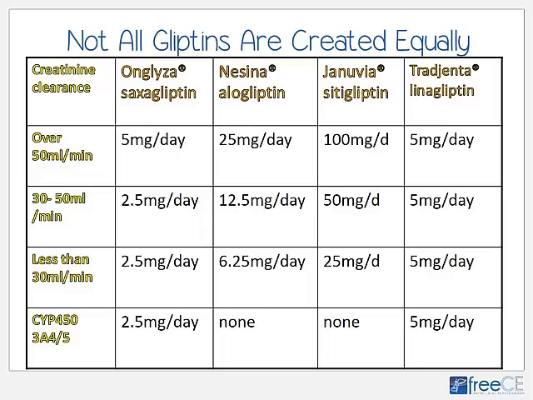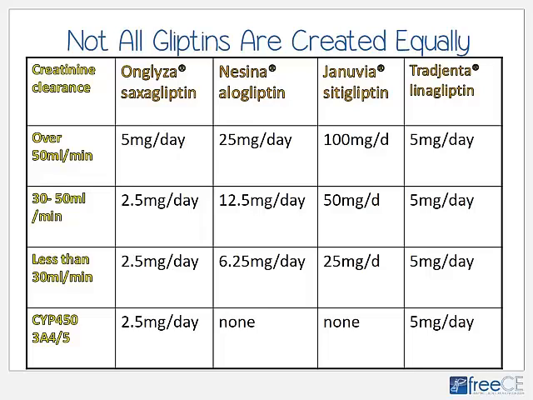I have the chart here on the left-hand side. We have the creatinine clearance listed, and then I have the four drugs listed across the top. And you can analyze this in your free time, but basically Tradjenta or linagliptin does not require any dosage modification regardless of the creatinine clearance.